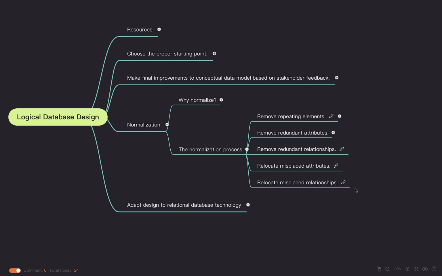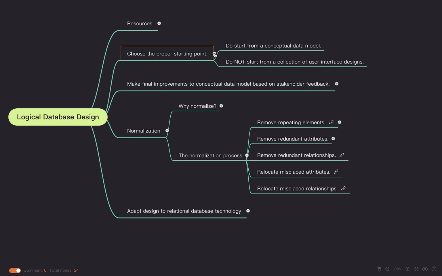Okay, where do you get a lot of normalization problems? Well, as I mentioned earlier, back when we were talking about choosing the proper starting point: if you start with a well crafted conceptual data model and you follow the kind of advice that I give to practitioners in creating a conceptual data model, you won't have a lot of normalization problems when you begin the process here.